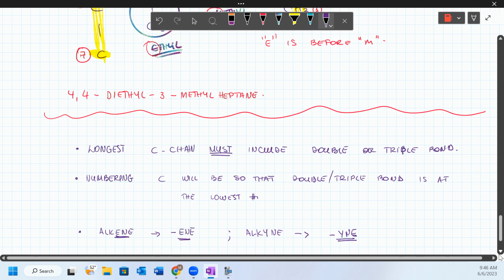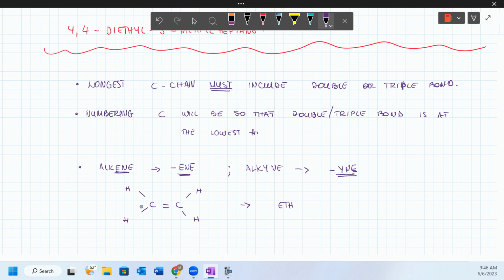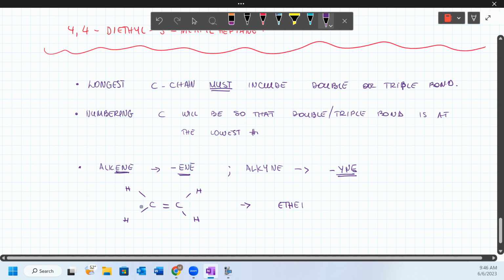So if we have C, hydrogen, hydrogen, hydrogen, and hydrogen, then the root of two carbons will be eth, and since it is a double bond, ethene.